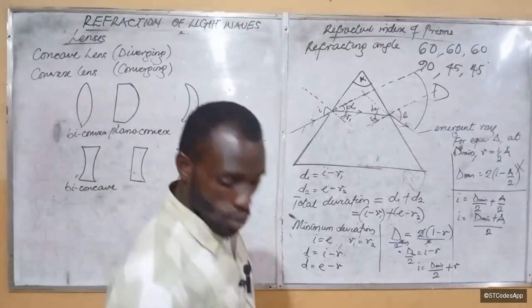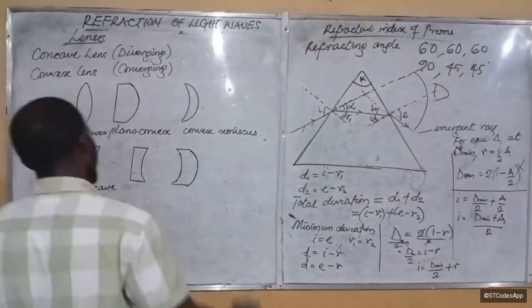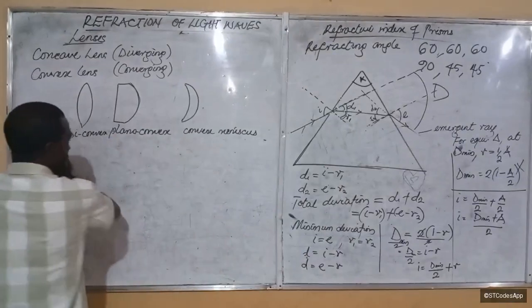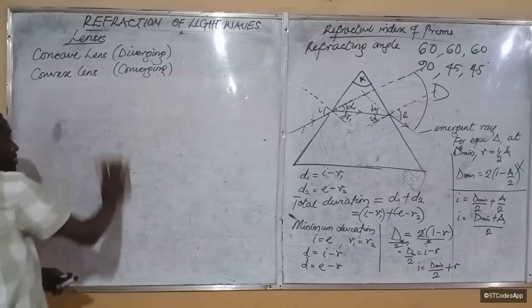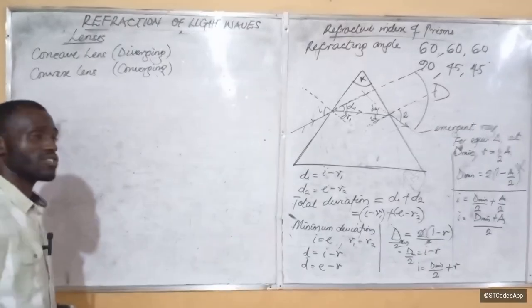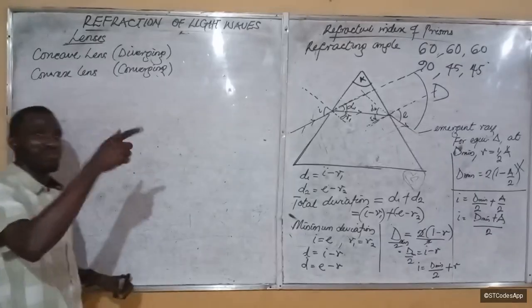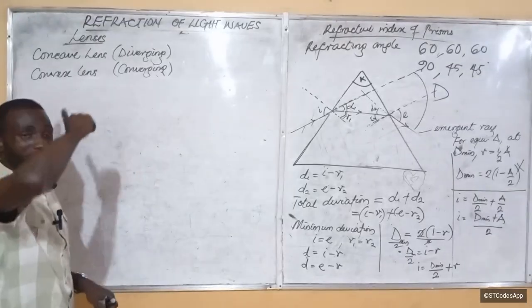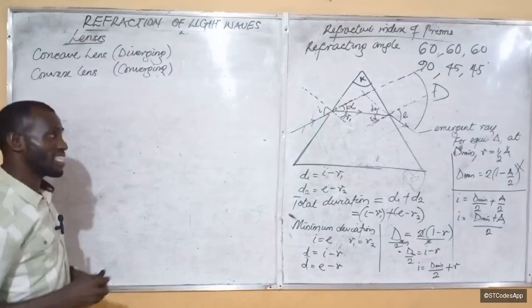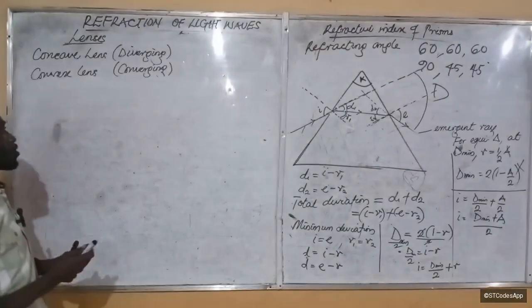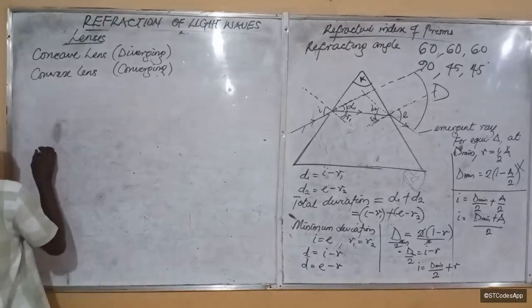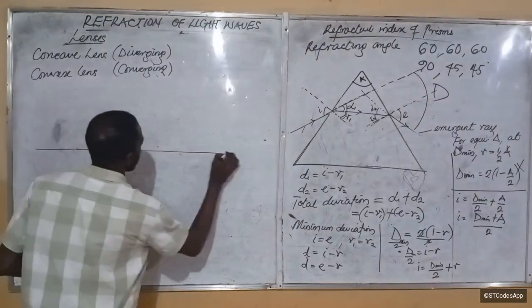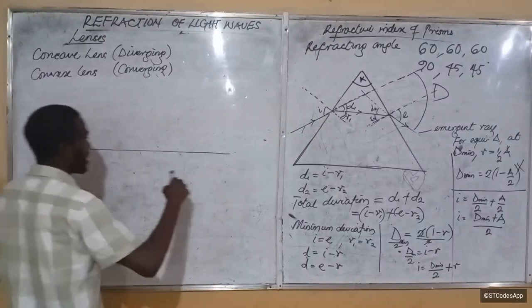Okay. Now, let's talk about images formed. So just like we had yesterday, we have principal focus, but the difference is this. In the case of mirrors, you know that the ray of light will bounce off. Here, it passes through. Don't forget, for lenses, it's pass through. So let's discuss some rules that we need. First, know the parts. These are the parts. This one is called the principal axis.